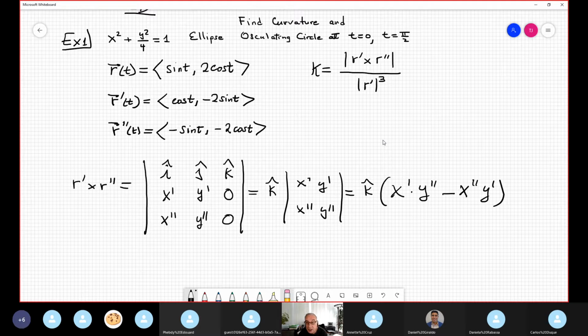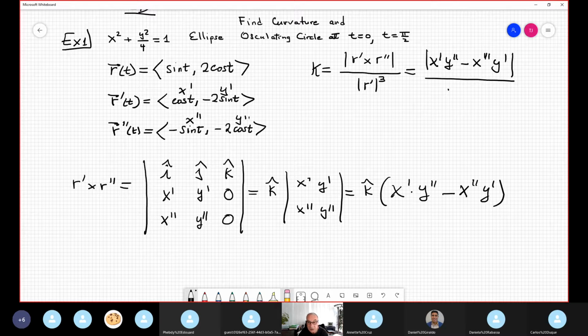So the kappa in 2D, the formula is, actually, the absolute value. If you compute the absolute value, that part k disappears. The formula is x prime times y double prime minus x double prime times y prime on top, of course in absolute value, divided by the velocity. This is x prime, this is y prime, this is x double prime, and this is y double prime.